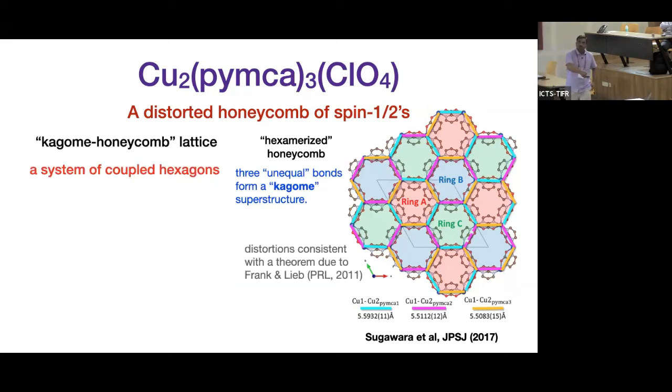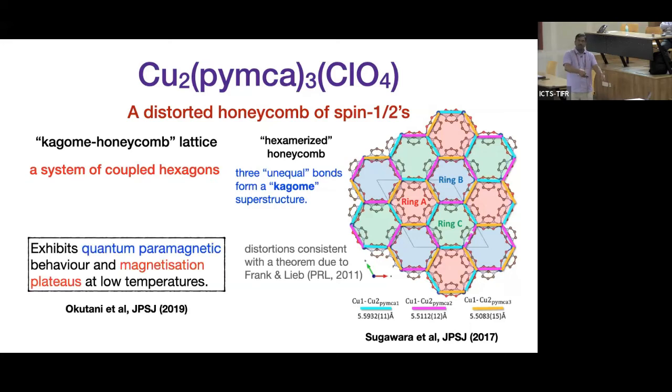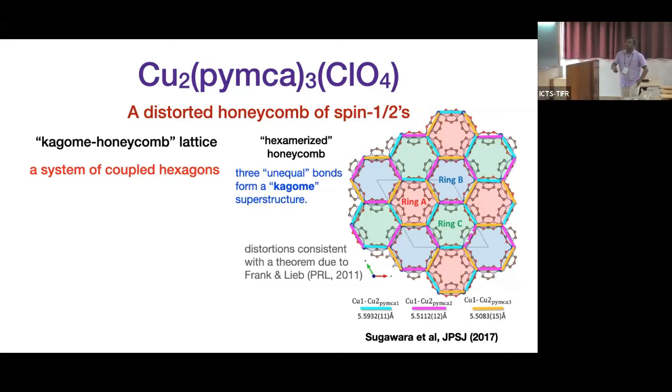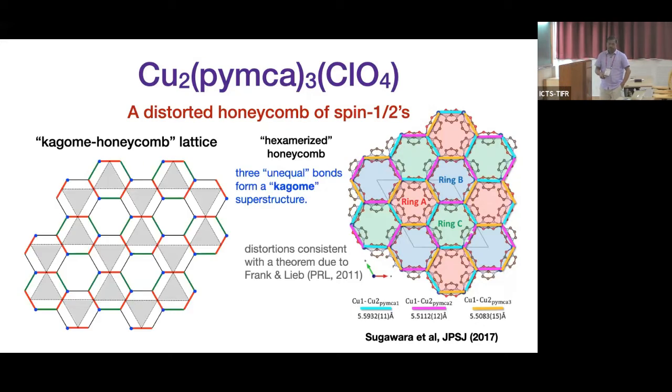So we like to call it a Kagome-honeycomb lattice. It's not a Kagome lattice, but a honeycomb lattice where the bond lengths form a superstructure which is Kagome type.